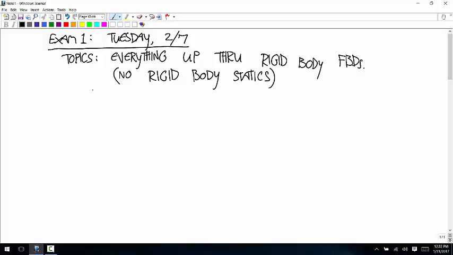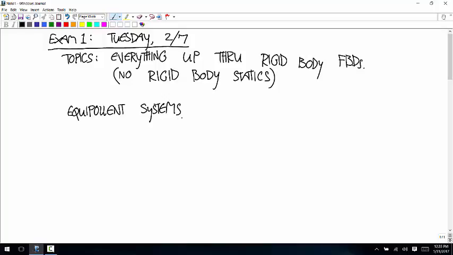So we did a couple of two-dimensional rigid body statics problems. I want to talk about this idea of equipollent systems.